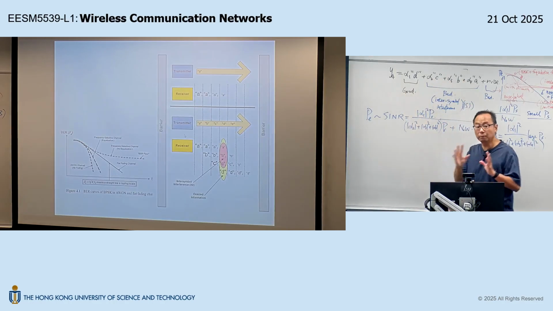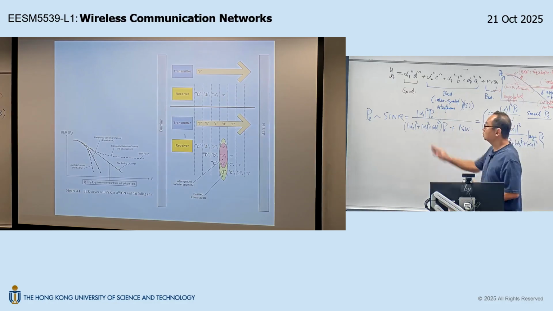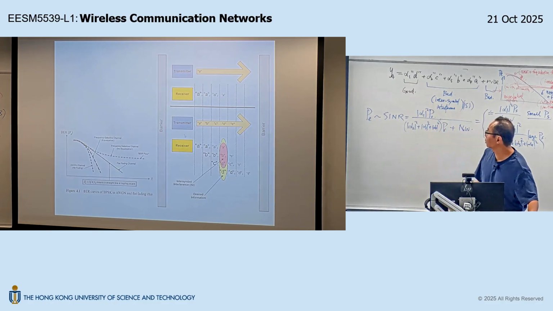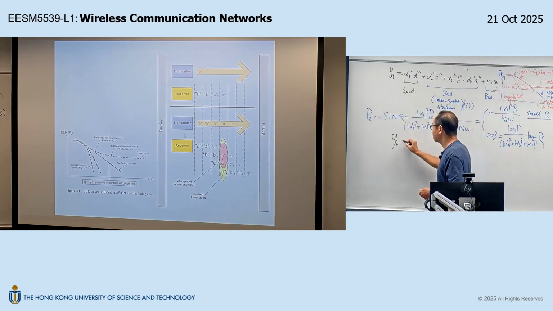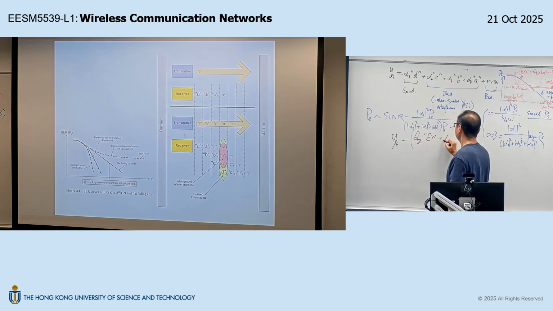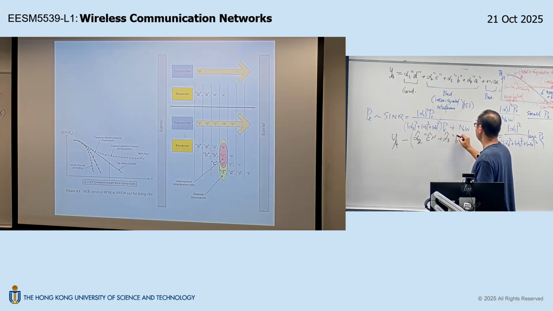If you are able to do perfect cancellation, then what you would do is take this observation and subtract alpha 2 hat, C hat, plus alpha 3 hat, B hat, plus alpha 4 hat, A hat.